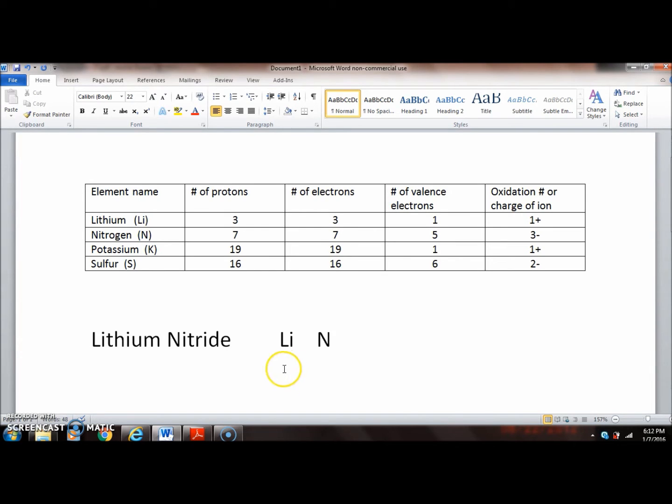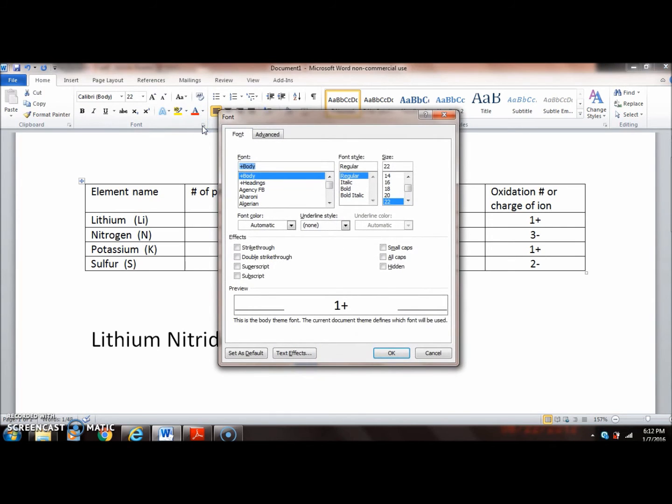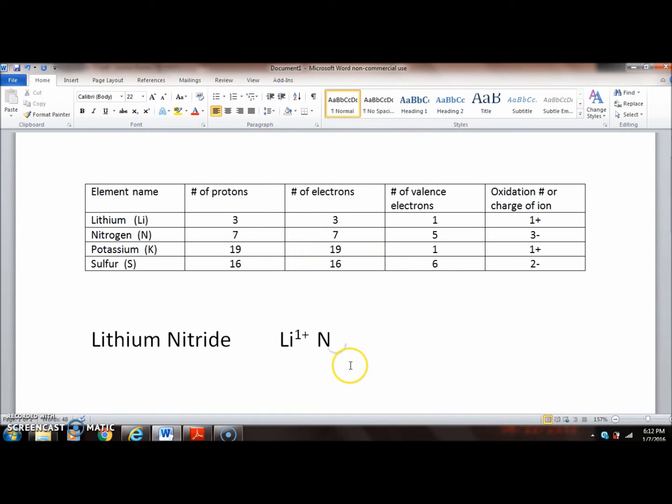And after you write in the atomic symbols, we want to put the oxidation numbers above each symbol. So we know that lithium is a 1+ charge. I'm going to write that as a superscript. And we know that nitrogen, according to our list here, is a 3- charge.